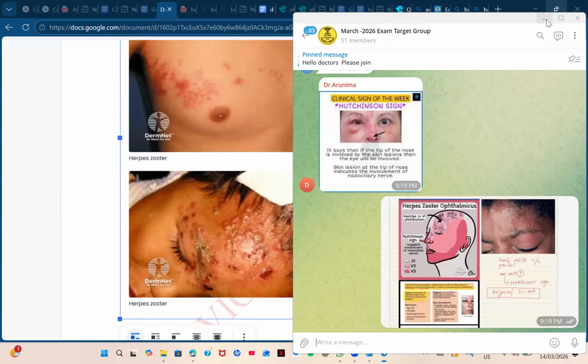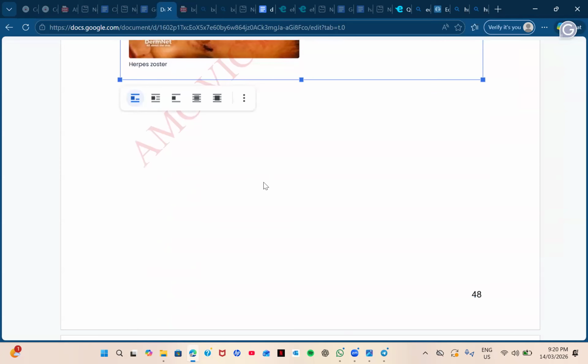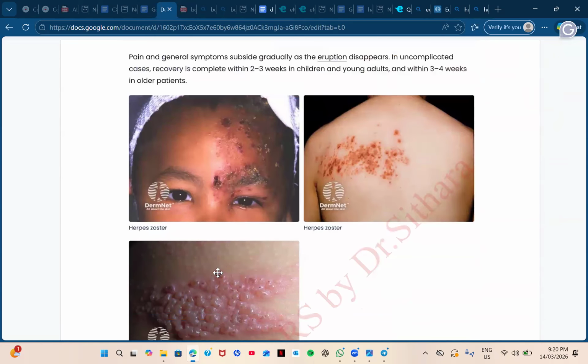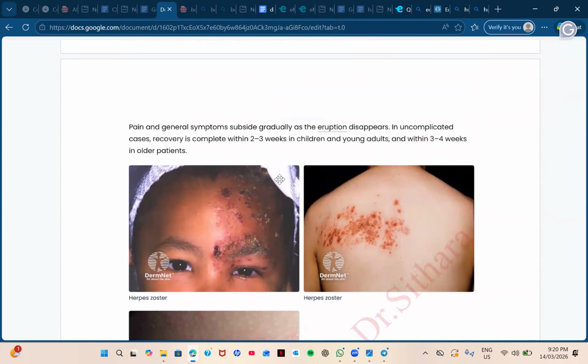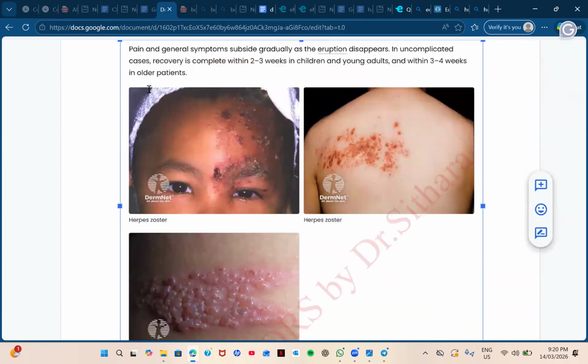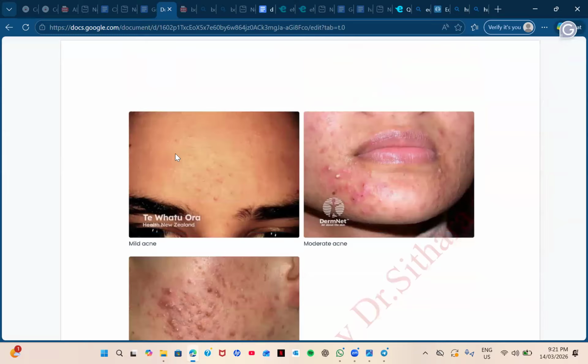You don't need to know so many things. Here you can see the vesicular eruptions like that. Another one is also mentioned. So please keep those things in your mind, okay? Because they can give those things.